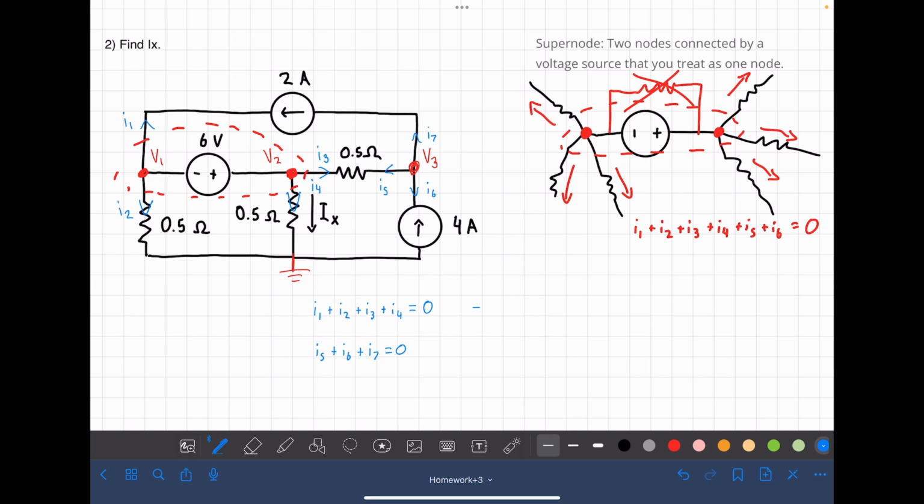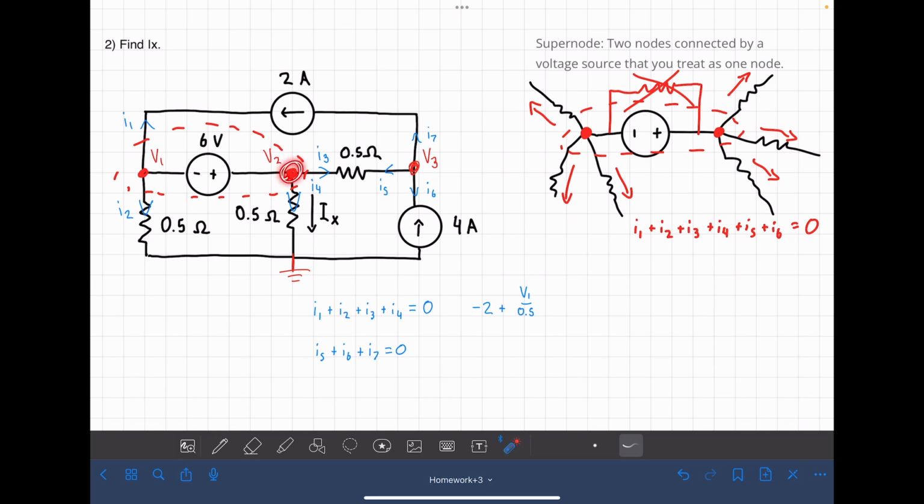So we have minus 2. Then for I2, that is the voltage drop from V1 to ground. So V1 minus 0. We can just write that as V1 divided by 0.5, because that is our resistance.